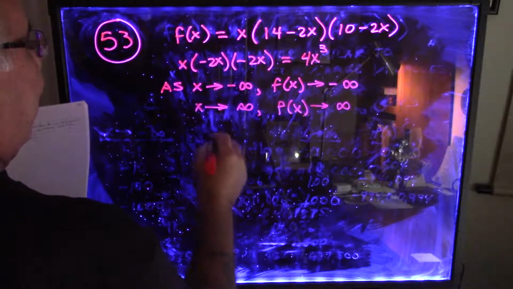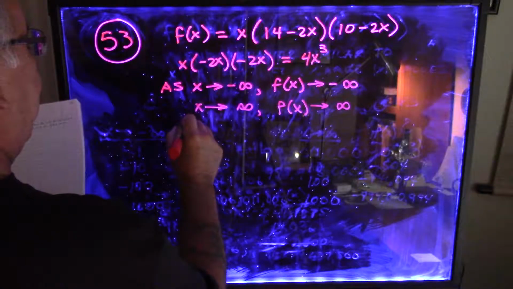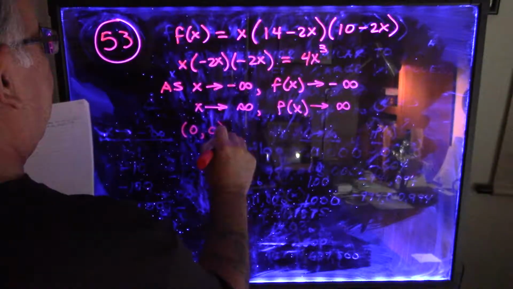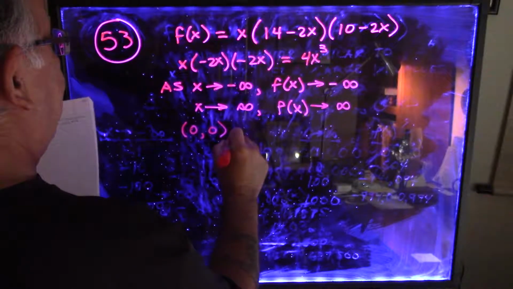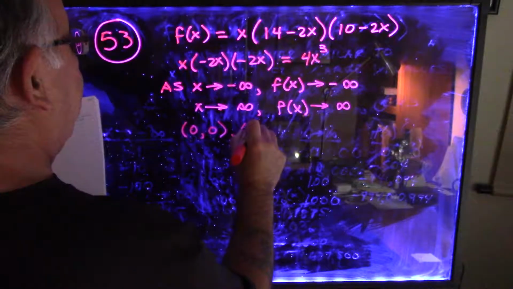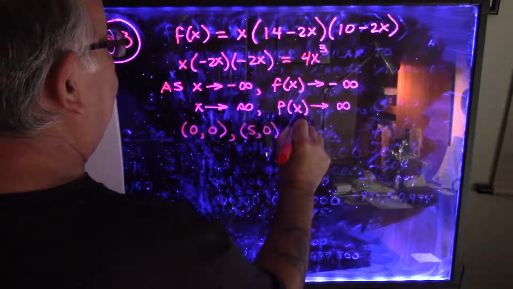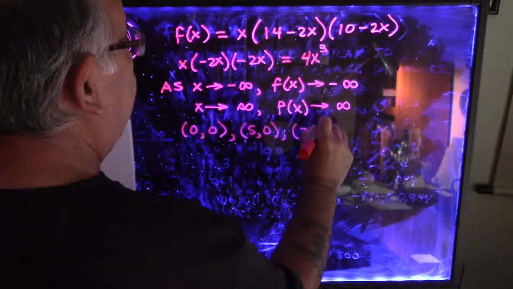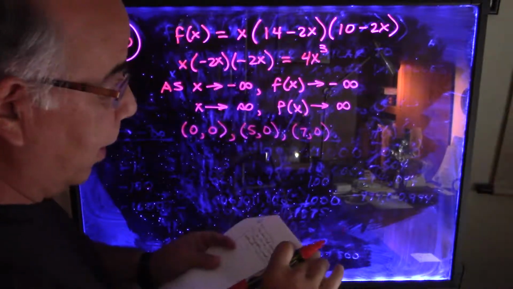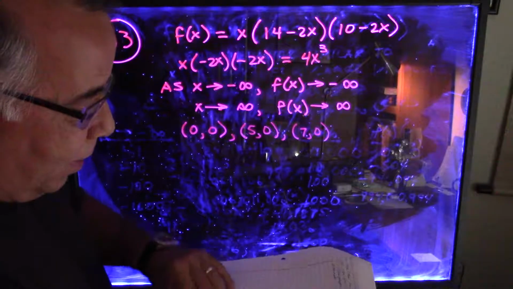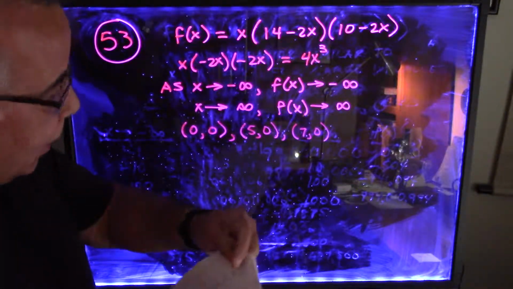Also, the intercepts from the graph, which I graphed and then got the intercepts, are (0, 0), (5, 0), and (7, 0). So you can see these on the graph as well as the end behavior right here.